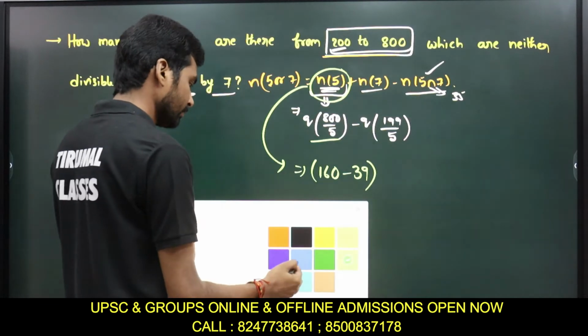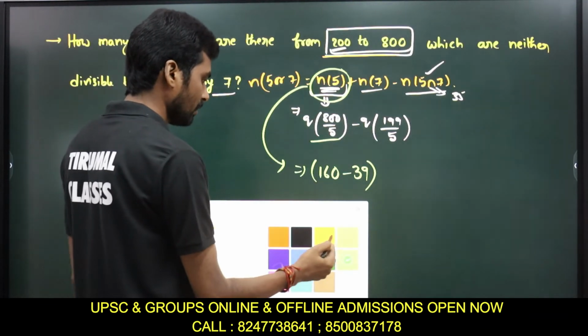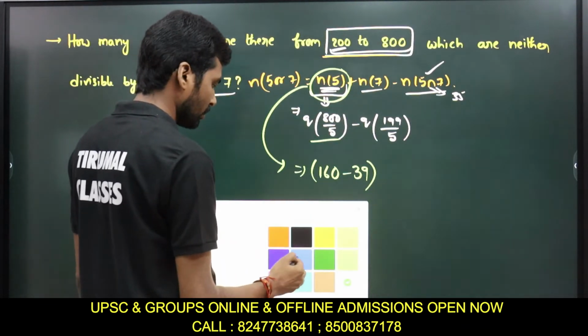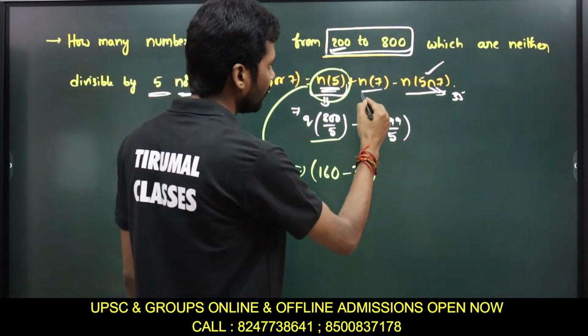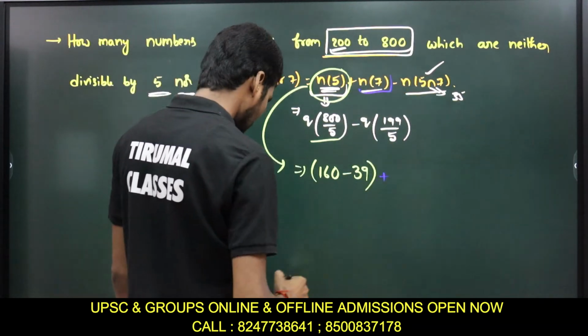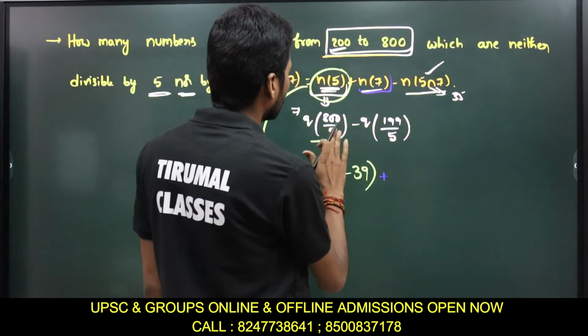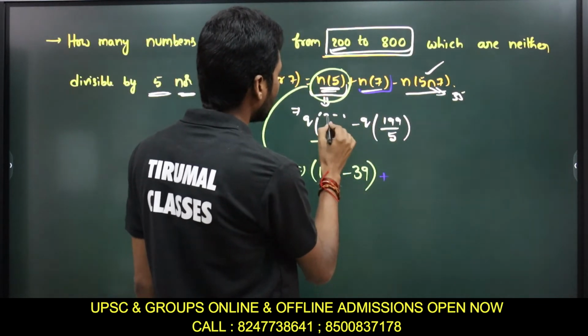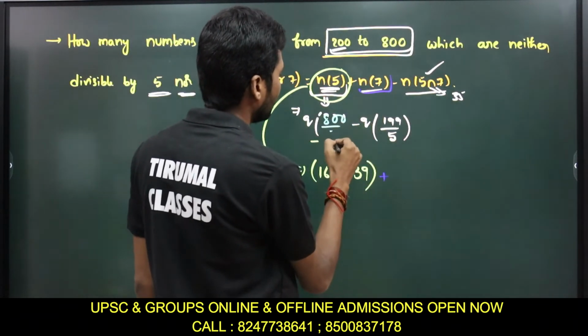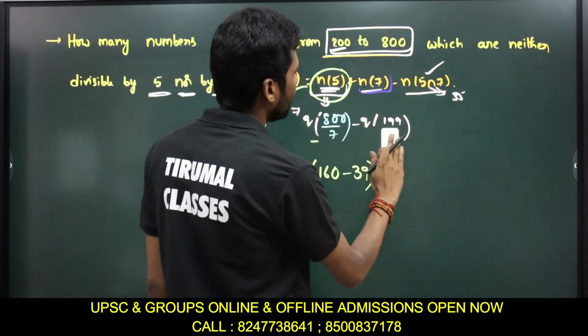The second value is n of 7. Instead of 5, I have 800 by 7 minus 199 by 7.